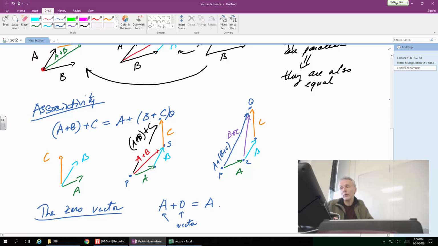In particular, if you know that the other item A is a vector, then you don't add a number to a vector. So if these two are added together, and one is a vector, then the other is too. Also, I will stick to that convention that I'm going to be using capital letters for vectors and lowercase for numbers.